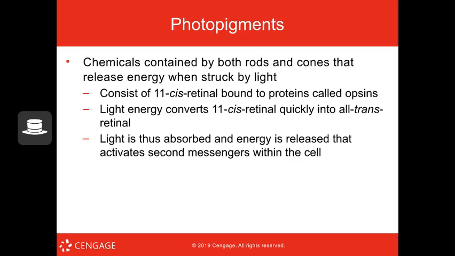So that light is absorbed and energy is released that activates second messengers within the cell, right? We have light, and then we have 11-cis-retinol. That turns into all-trans-retinol, and then it sends signals saying, hey, we've got this color going on.